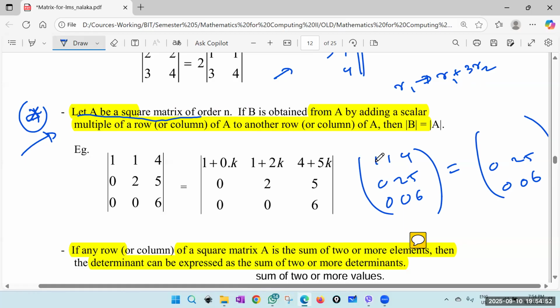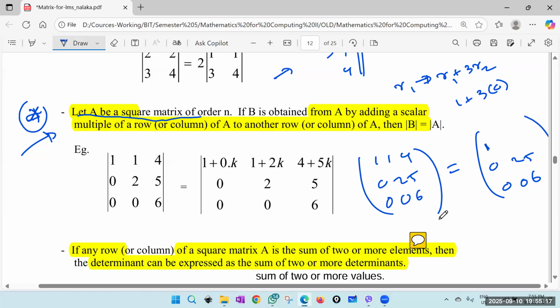Then you need to do it for the corresponding elements. This one will be replaced by 1 plus 3 times the row 2 element, which is 0. Of course, 1 plus 0 is 1. And for this one, you need to use the same constant for your operation.